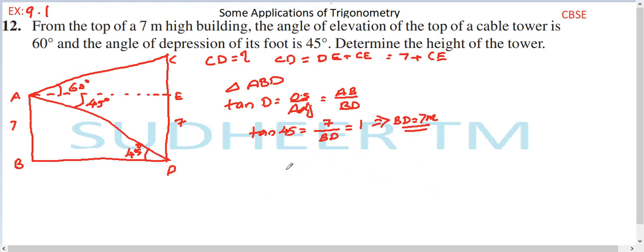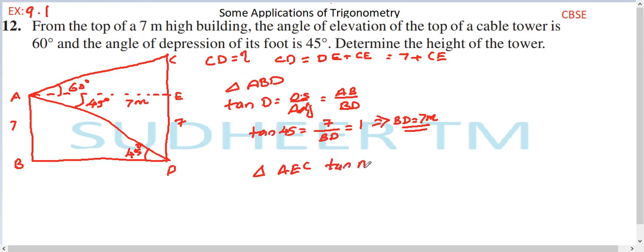So in order to find CE, let us consider the triangle AEC. In that, angle A is equal to 60 degrees, CE is the opposite side, and AE we just found, which is BD. AE is equal to 7 meters.